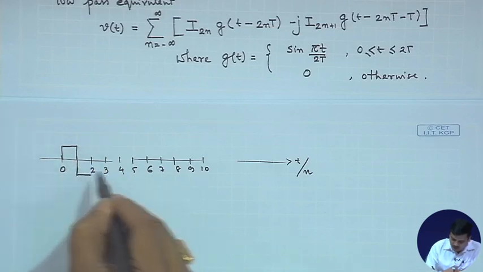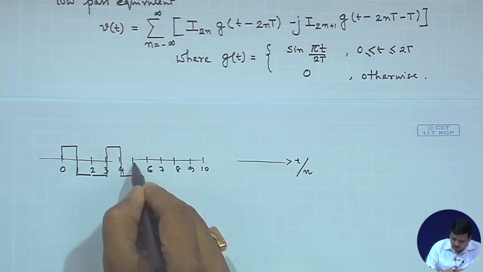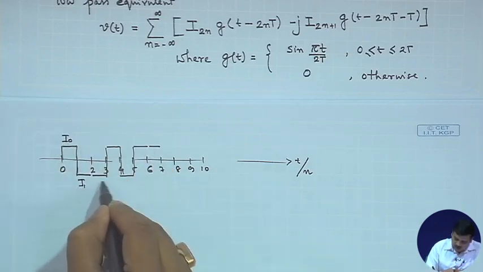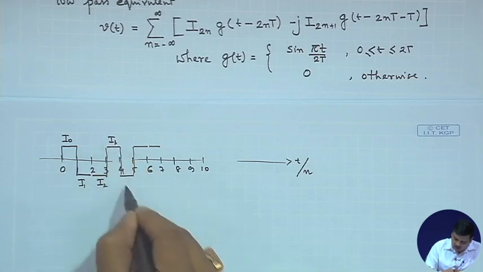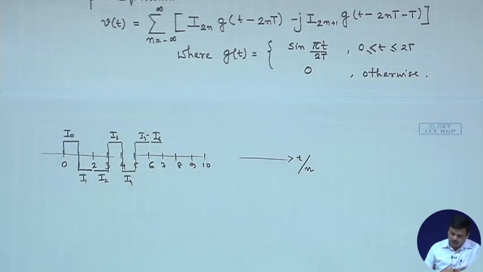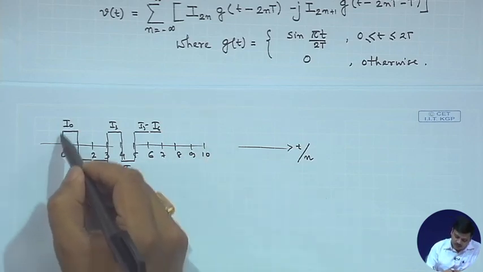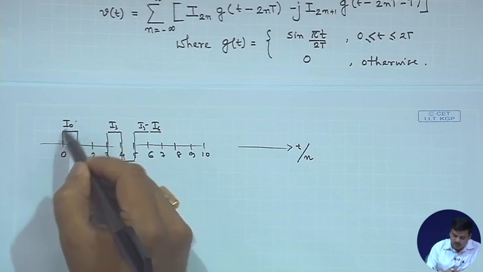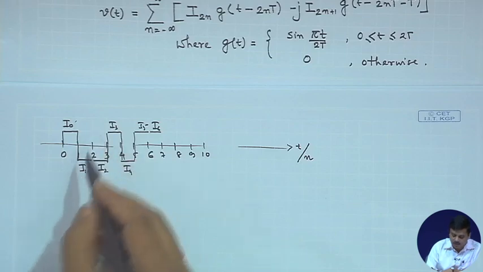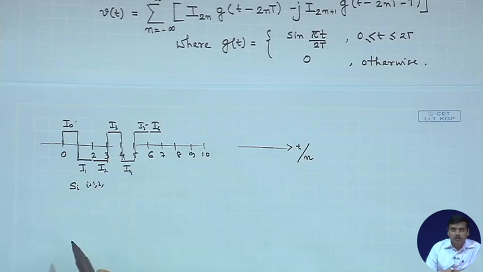So, this would be I_0, this would be I_1, I_2, I_3, I_4, I_5 and I_6. So, if I had to send this signal, I would send it by selecting some waveform in this interval, another waveform in this interval, and another in this interval, and in each interval I would select one of the S_i, with i equal to 1 or 2.